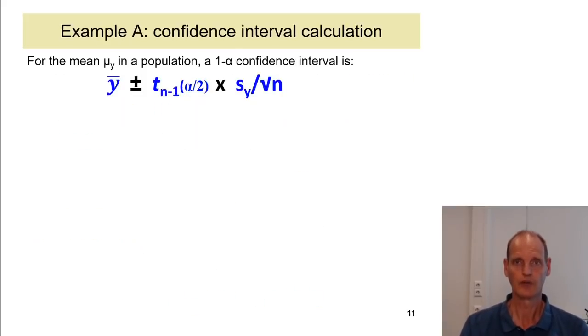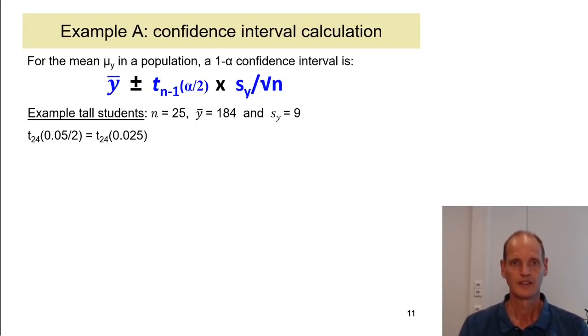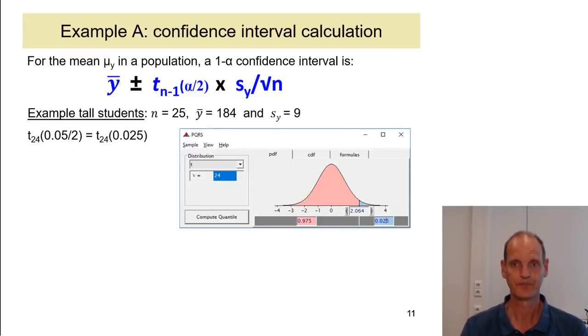Now we will go to our own example. The general formula is y bar plus minus t times standard error. In this case, we have sample data: n is 25, y bar is 184, and the standard deviation of y is 9. The t24 value at 2.5% can be found in Ott and Longnecker, but can also be found using PQRS, a very handy program.